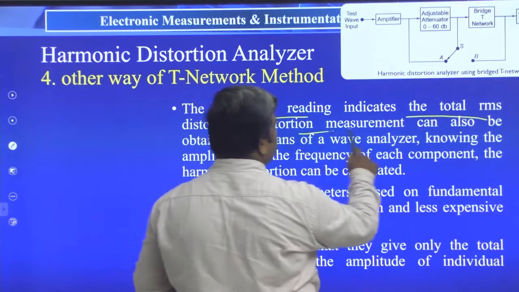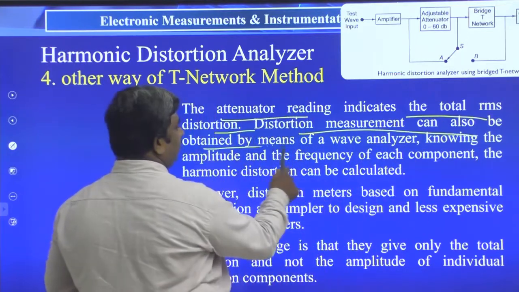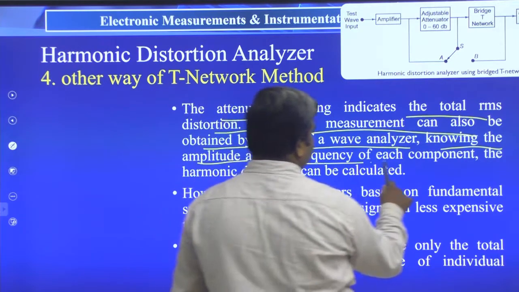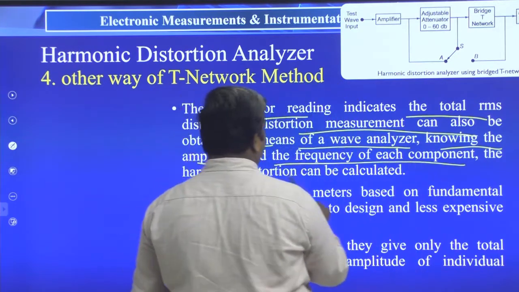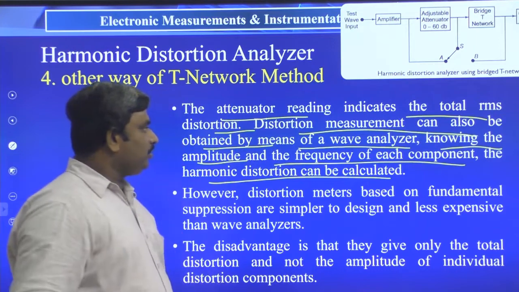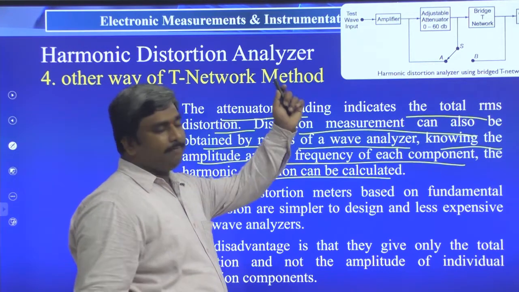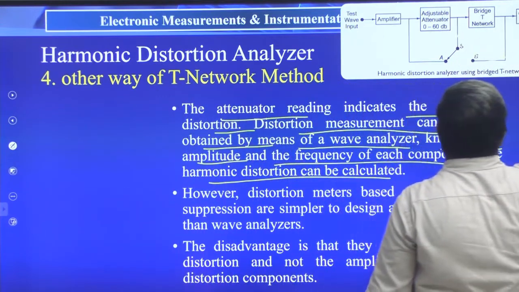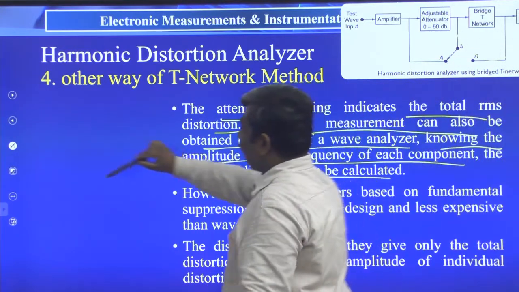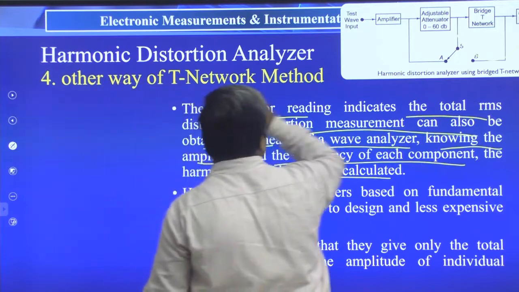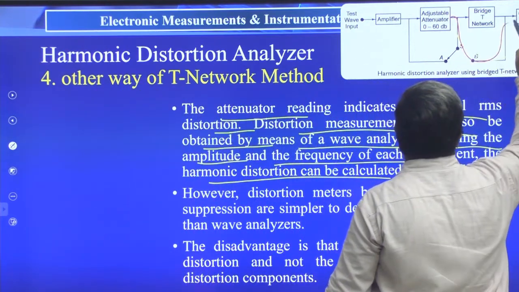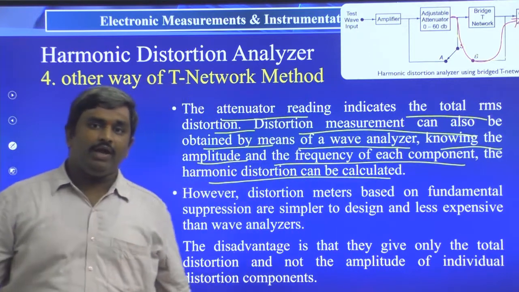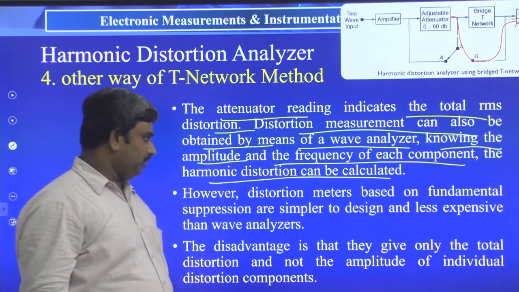The distortion measurement can also be obtained by means of a wave analyzer, knowing the amplitude and the frequency of each component. The harmonic distortion can be calculated. The total harmonic power is calculated from the attenuator information.